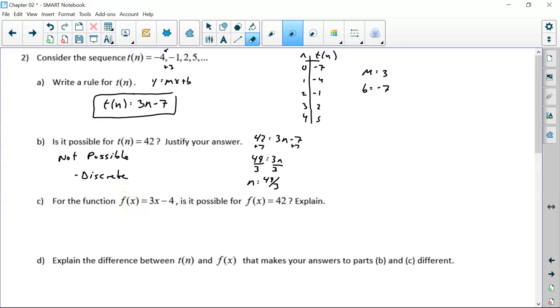Now for a function, functions are continuous. So it is possible. And since it's continuous, we don't just have the values, but we have all the values in between those dots. So once again, sequences are discrete. Functions are going to be continuous.